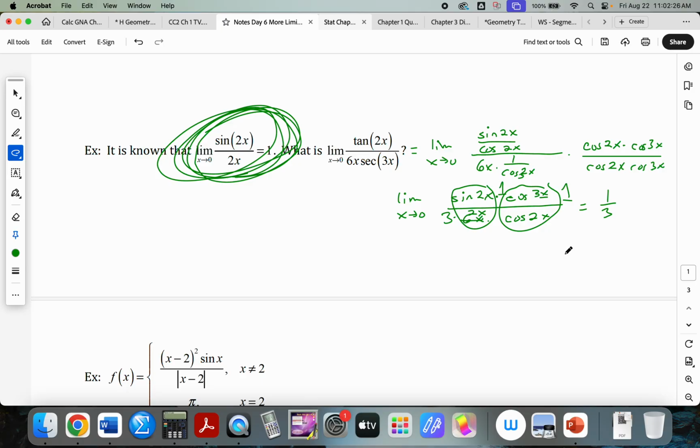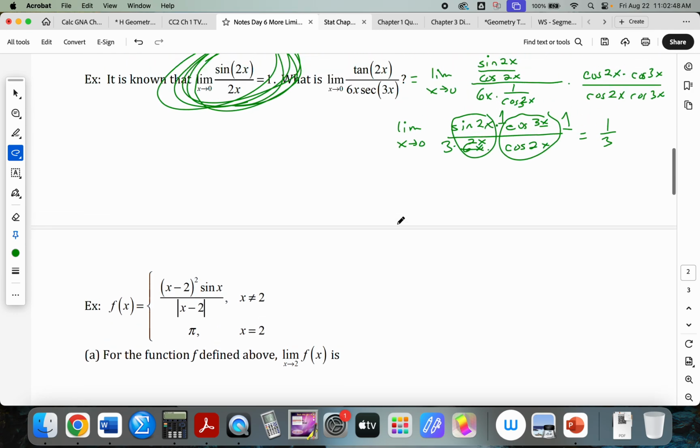If there's a number in front of the x, it still goes to 1 anyway? Yeah, so you could actually factor a 1/3 out of this whole thing and put it in front of the limit because it's not affected by the fact that x is going to 0. Okay?